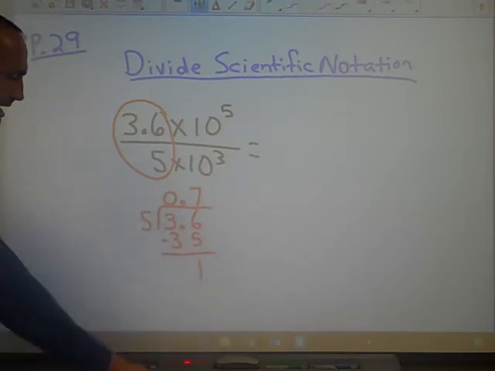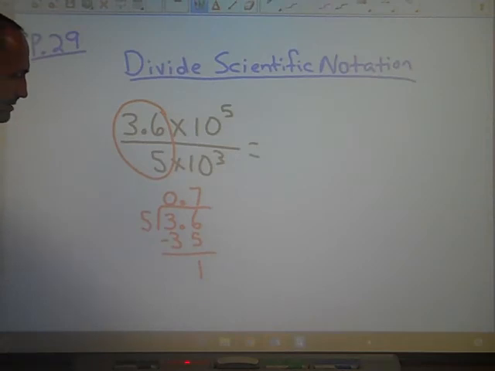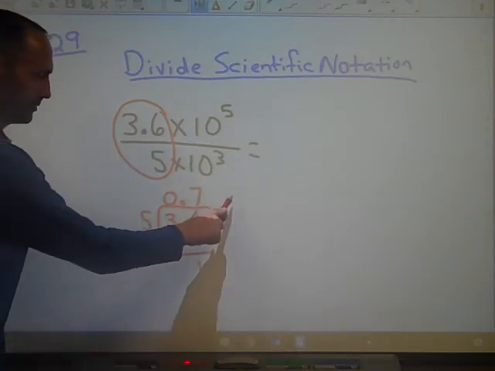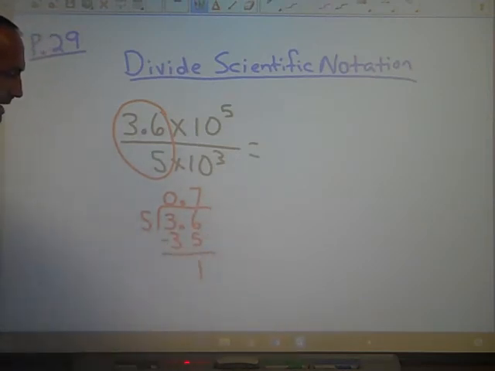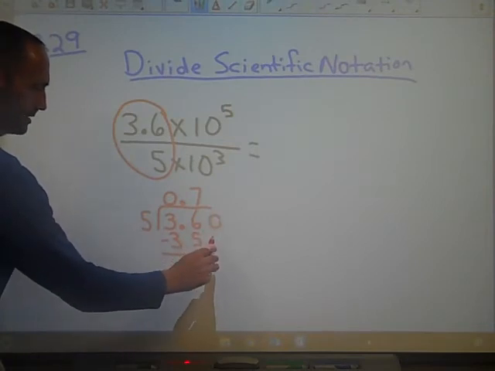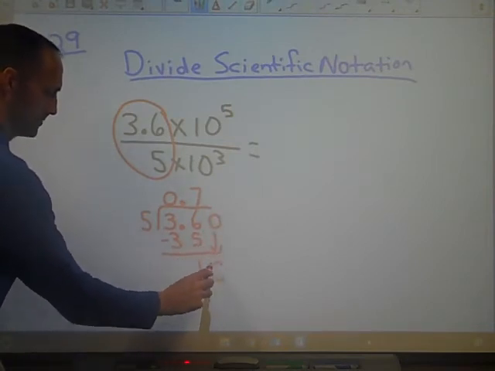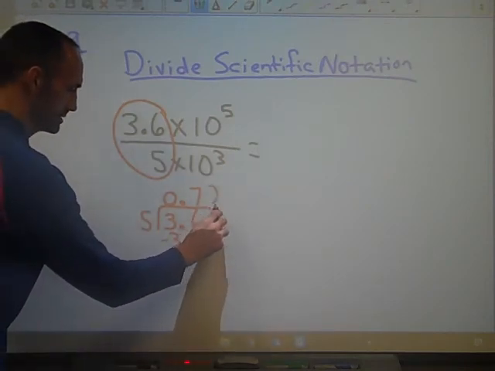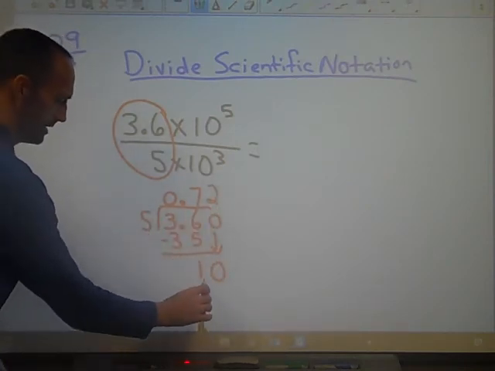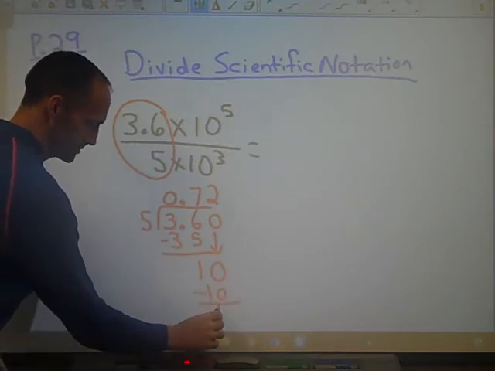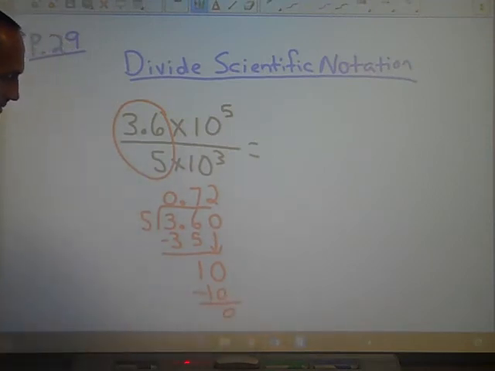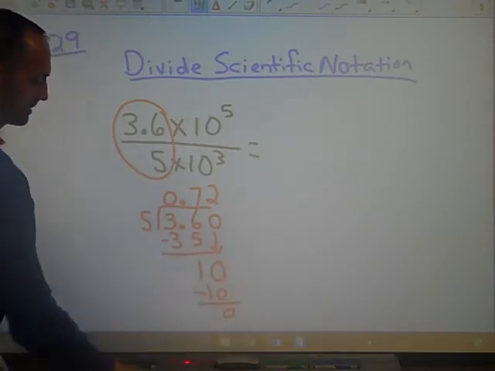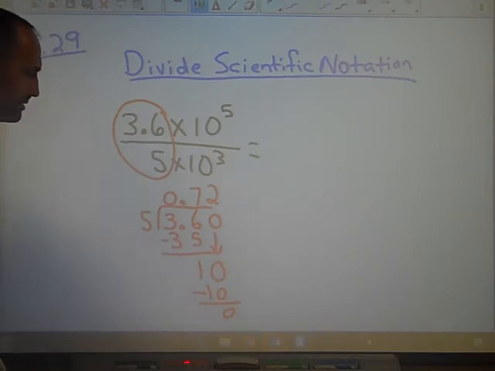No. We have this remainder, but we can't put R1 or put it as a fraction, so we add a 0, bring it down. Does 5 go into 10? Yes, it goes 2 times. 2 times 5 is 10. Subtract, we get 0. Nothing more to bring down, no remainder.